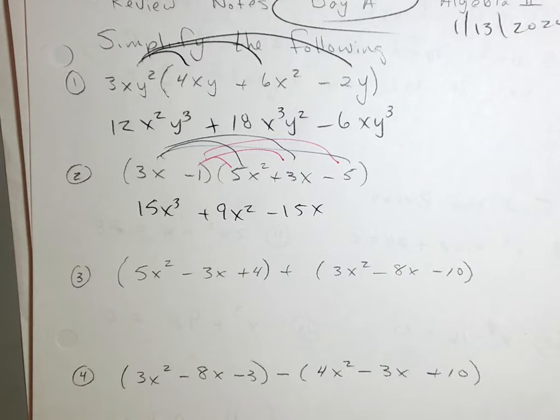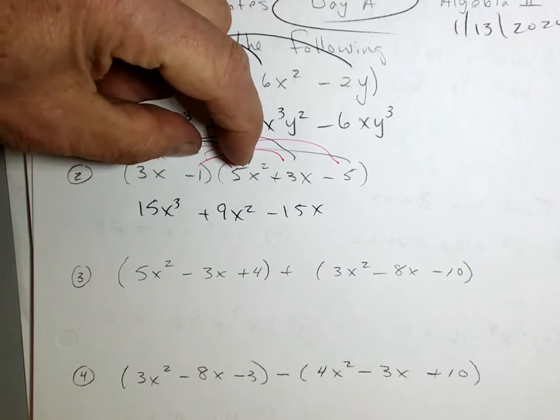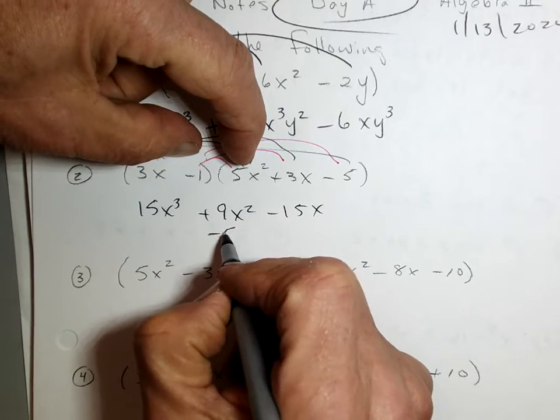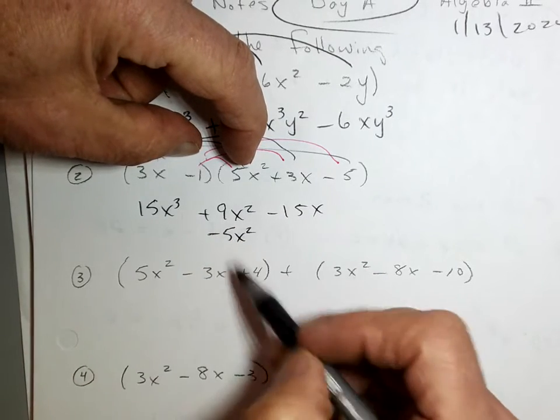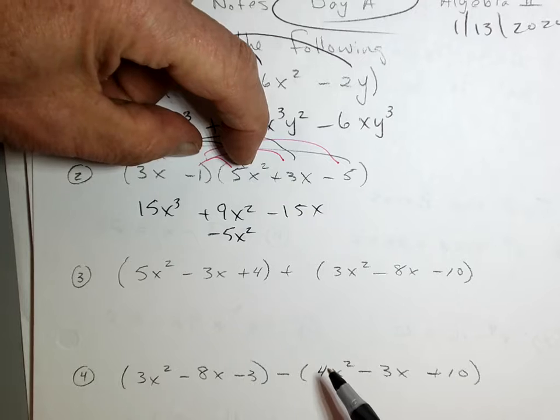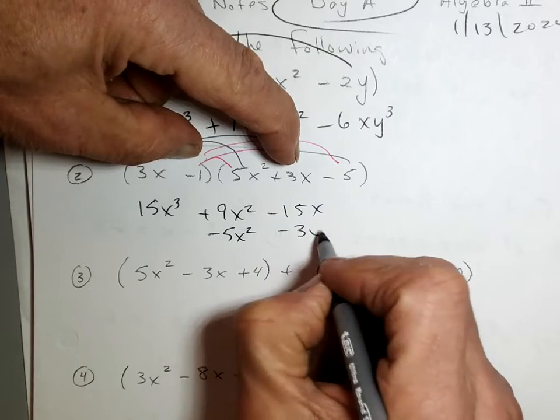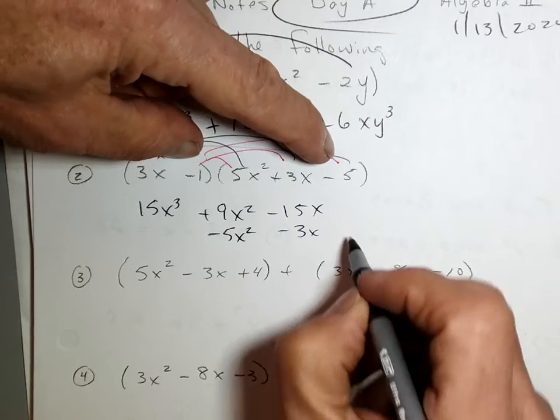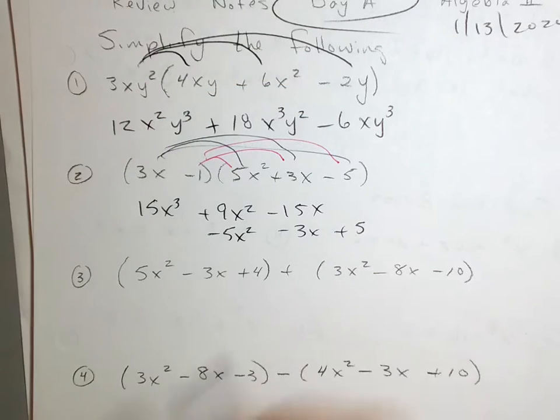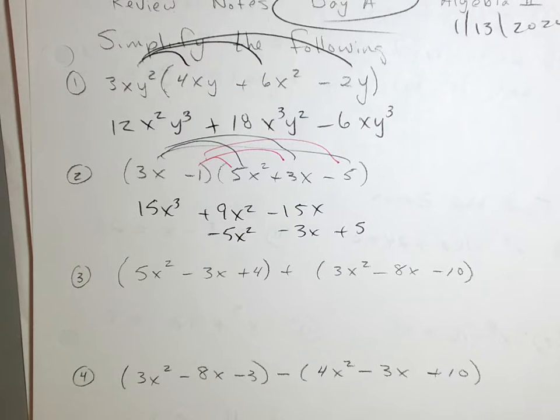When I do that, I'm going to line up my like terms. It's going to make it easy for me to add. So I get a negative 1 times 5 is a negative 5x squared. I'm going to put it right there. Line them up right there. Minus 3x, put it right there. Line them up. Plus 5. Okay? How am I doing?